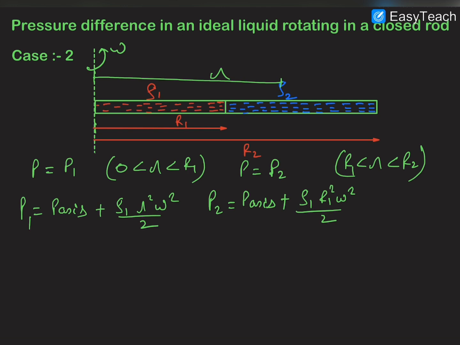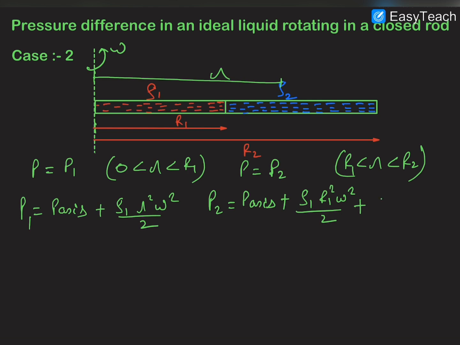We can calculate the complete pressure of this liquid by substituting small r as capital R1 in this equation, plus the pressure due to this liquid, which is having the length of r minus R1.